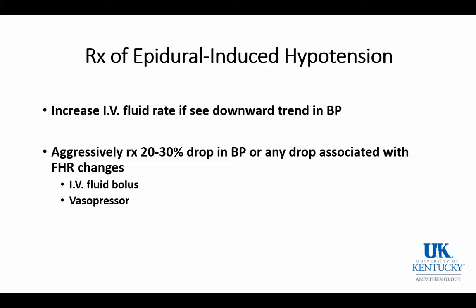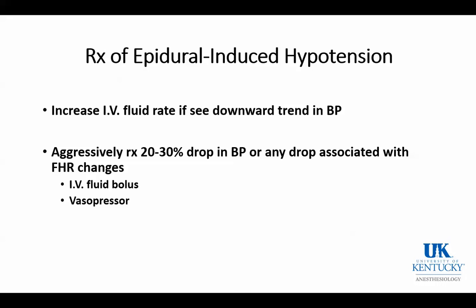So rather than having a set number, know what their baseline is, and once you start to see anywhere from a 20 to definitely 30% drop from their baseline, then you want to be pretty aggressive about treating any drops in blood pressure, because you do know that in this disease you already have a component of compromised uterine placental perfusion, and you don't want significant hypotension that's going to even further compromise uterine placental perfusion and the fetus.